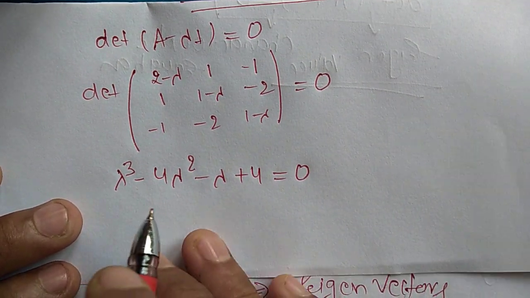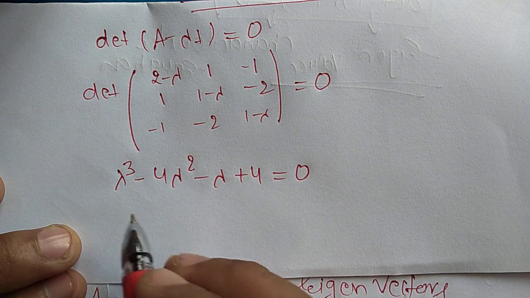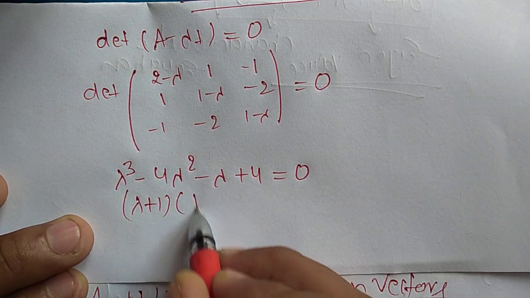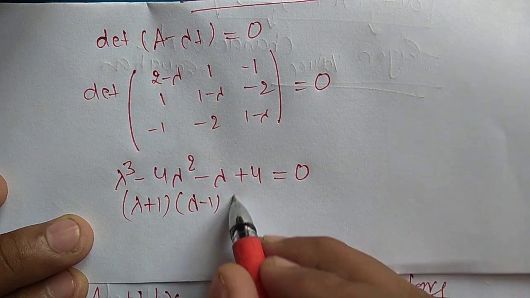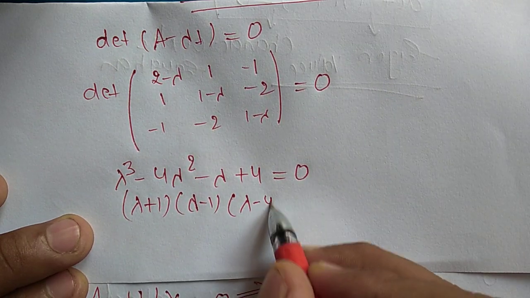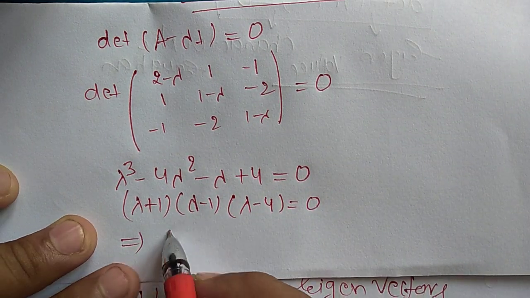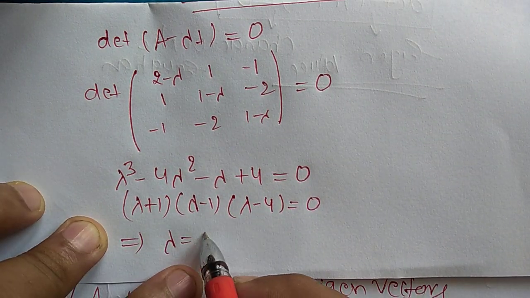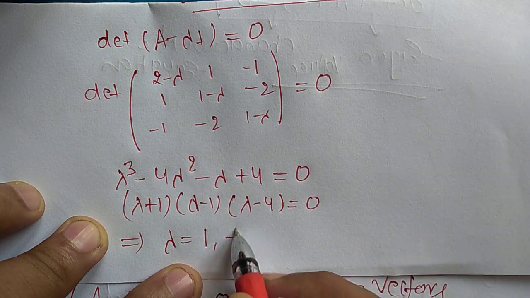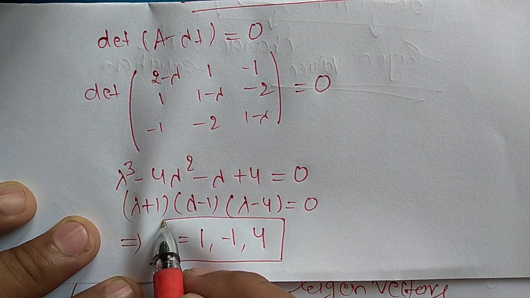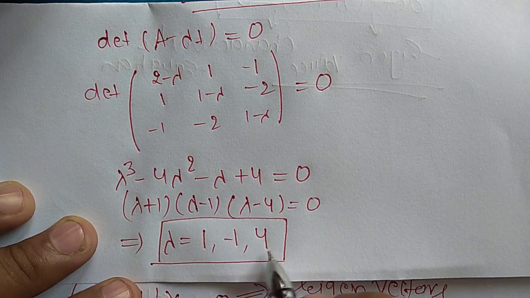So it has 3 roots. If you factorize, you will get (lambda plus 1)(lambda minus 1)(lambda minus 4) equal to 0, which implies lambda equal to 1, minus 1 and 4. So we have 3 eigenvalues for the matrix: 1, minus 1 and 4.